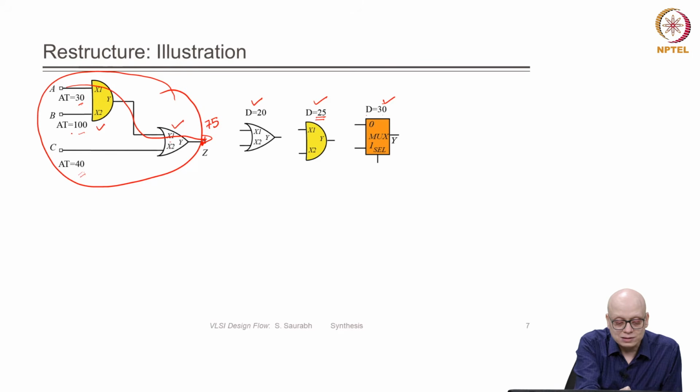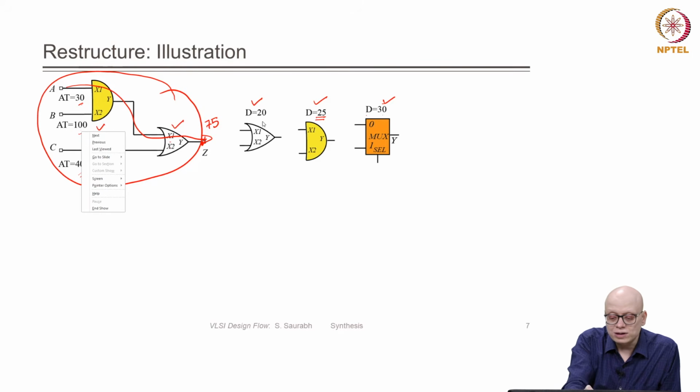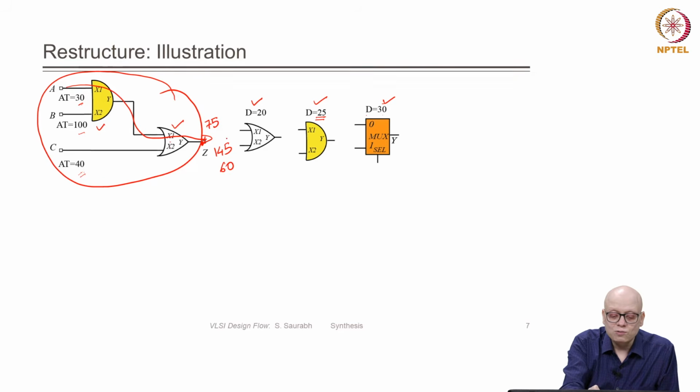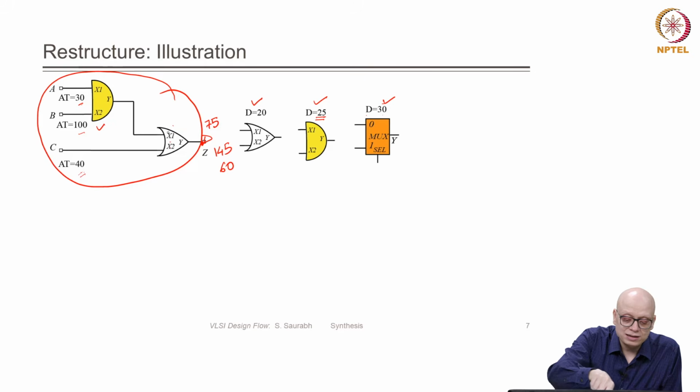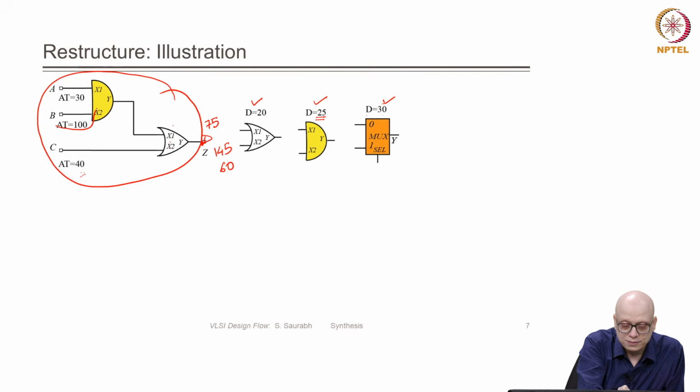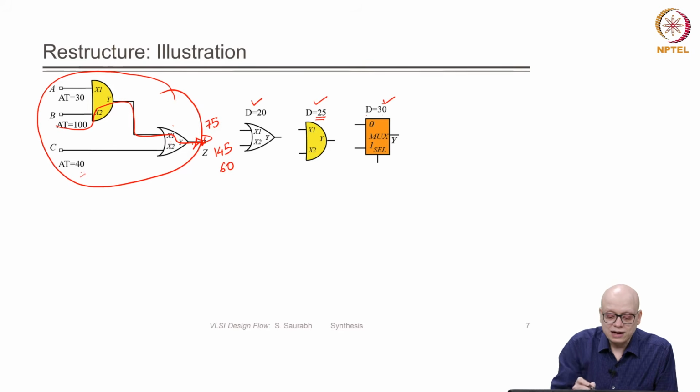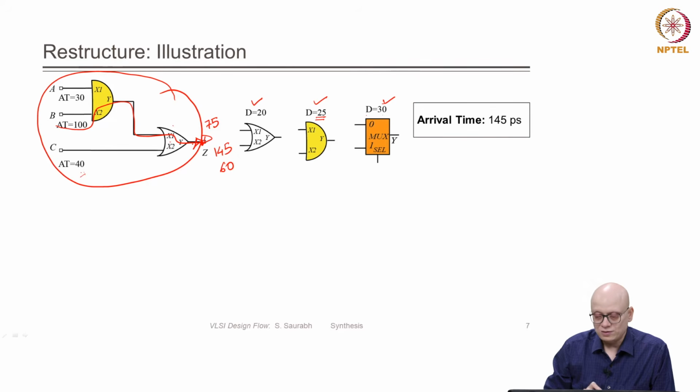Through the other path we have 100 plus 20 plus 25, that is 145. And for the third path we have 40 plus 20, that is 60. So, out of these the worst is through B, right. So, the maximum arrival time is through this, and the arrival time is 145, right.